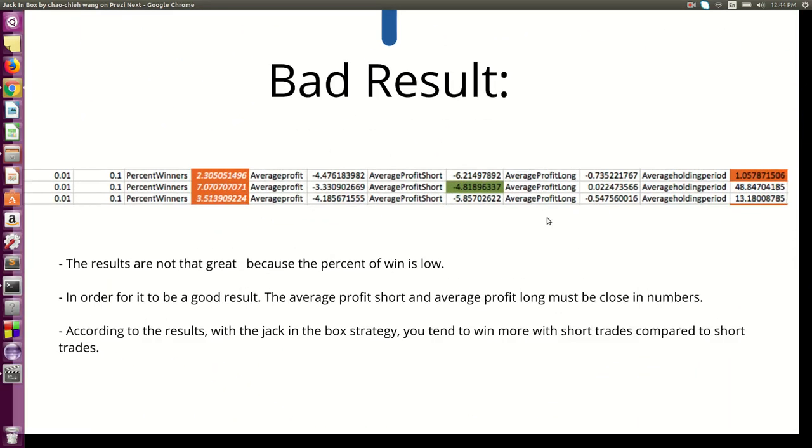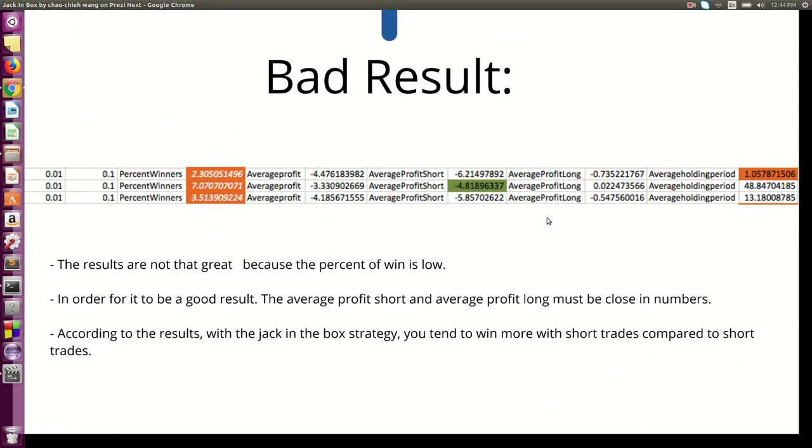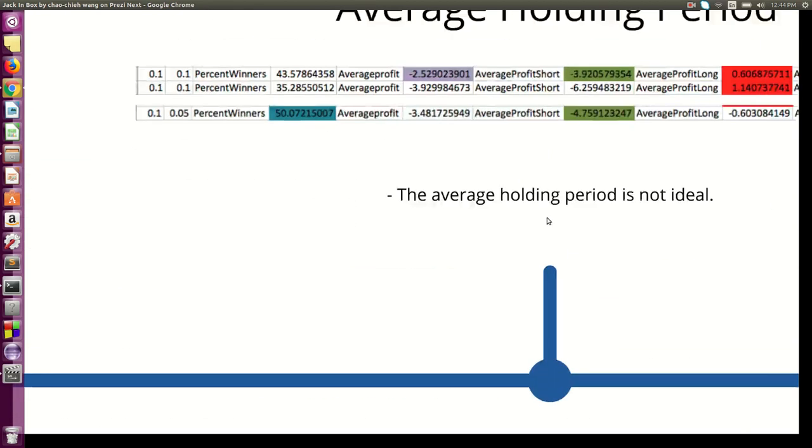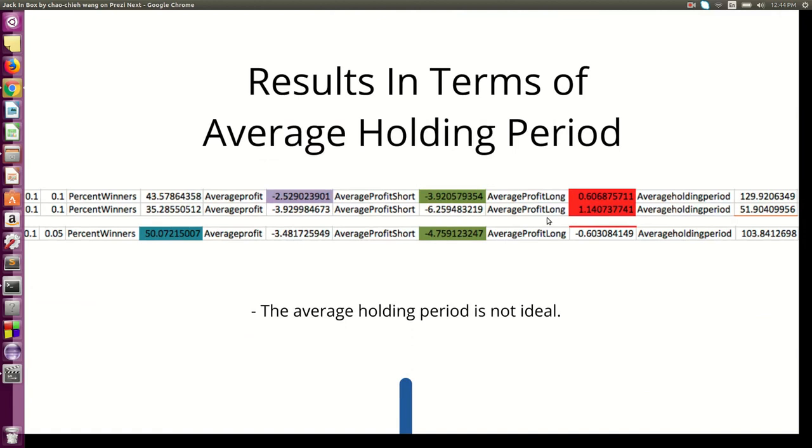So here is the result we got after running those programs. The first time we got a bad result because the percent winner is so small, which means we are not making any money and we are losing money. On the second result, the percentage winner is higher, but the holding period is too long, so we conclude it as a bad result.